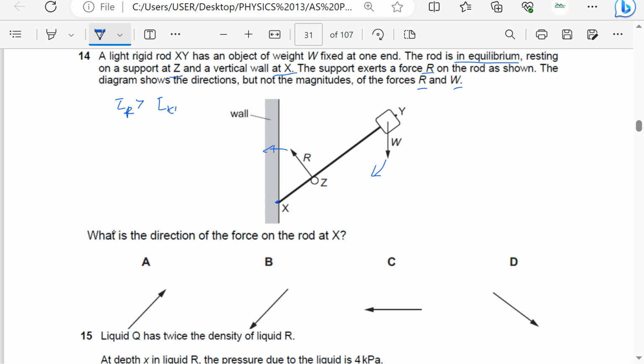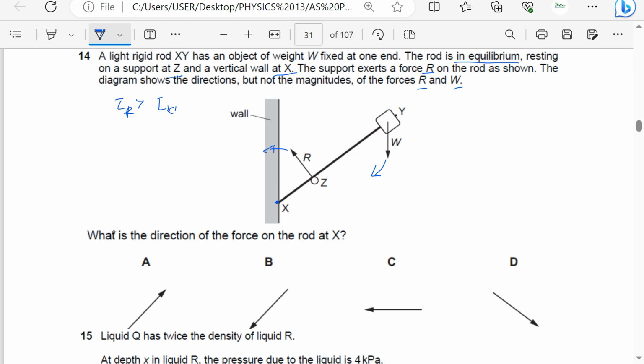Okay, but since there is no magnitude, we may not easily rely on a closed triangle. But let's see, if we prolong these vectors or these forces, where do they meet?